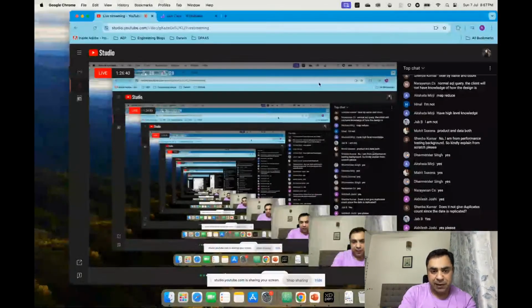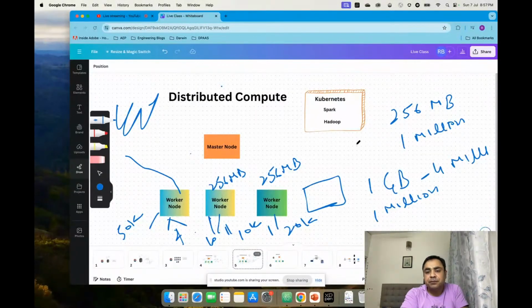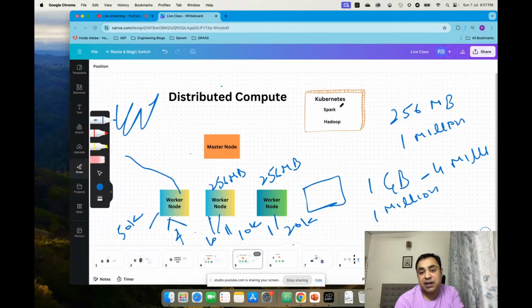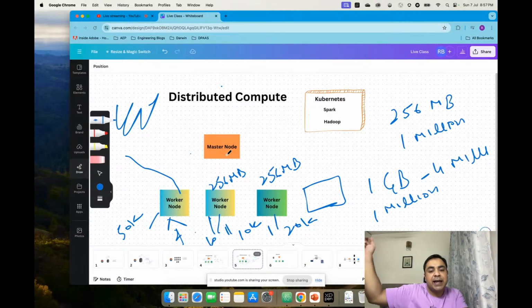So basically, if you see at high level, this master-worker distributed computing is very common. It's not specific to Hadoop or Spark. Kubernetes also follows this kind of thing, where you have a control plane or master node. The actual work is done at the worker level, in terms of pods and all that.